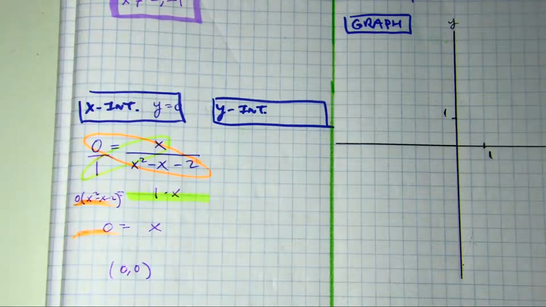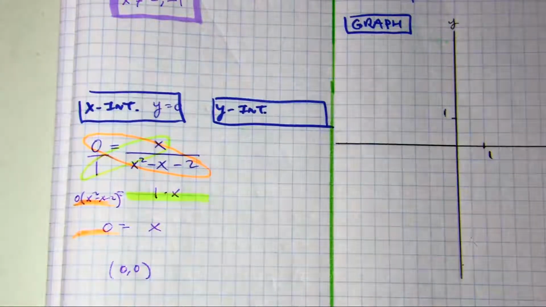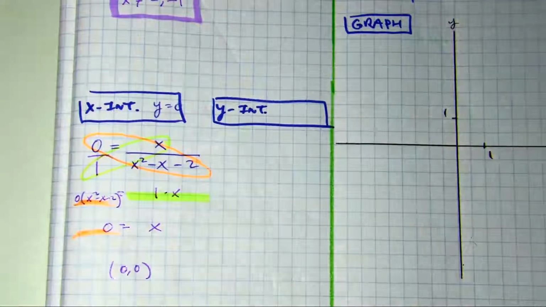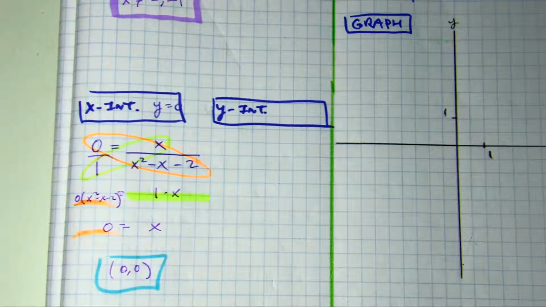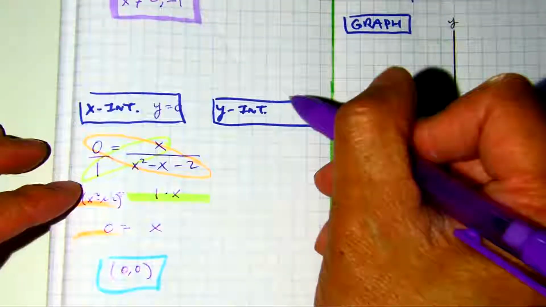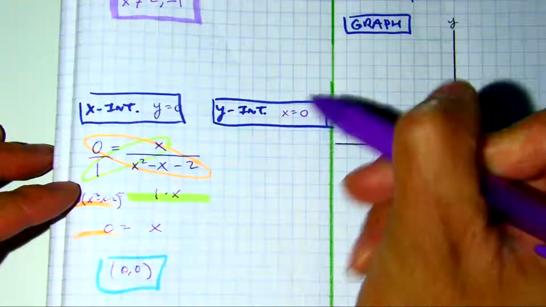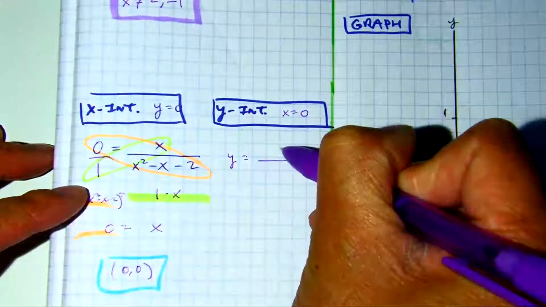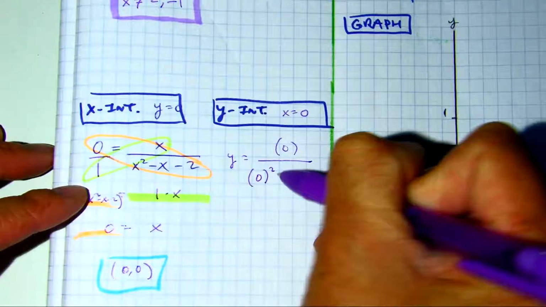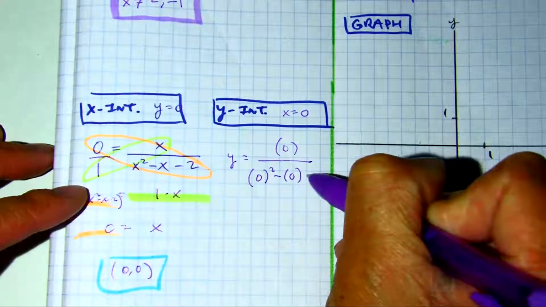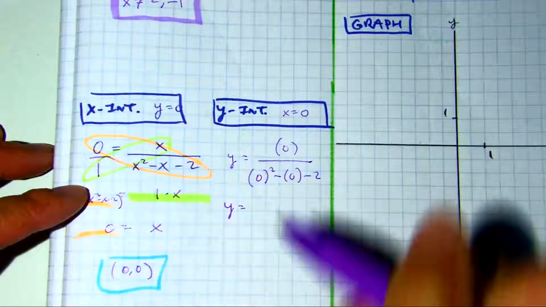Thanks, Erica. Let's make that blue. Daphne, how do you find a y-intercept? Numerator?